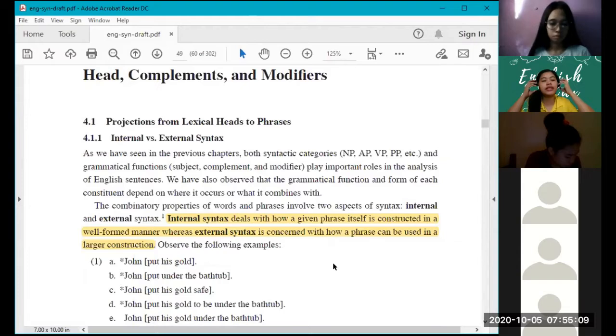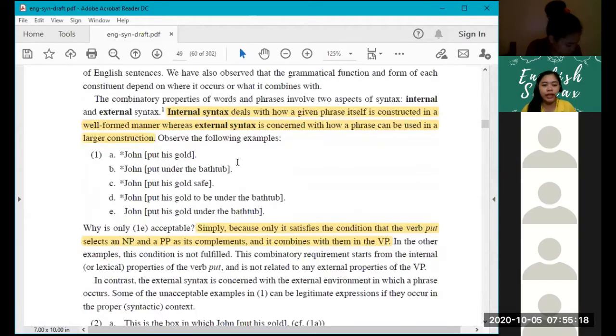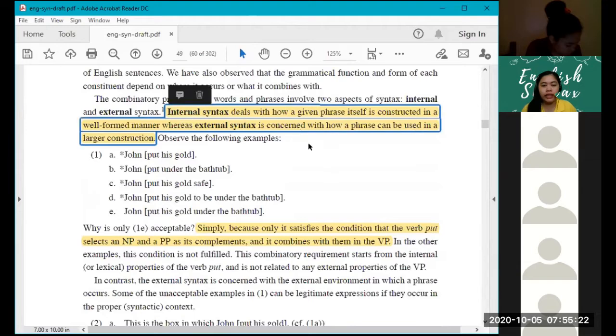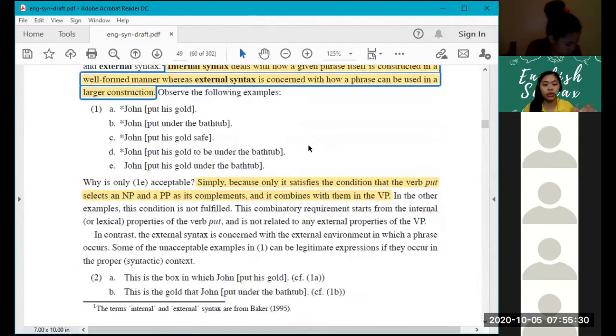In syntax, we have two types: the internal syntax and the external syntax. Internal syntax deals with how a given phrase itself is constructed in a well-formed manner, whereas external syntax is concerned with how a phrase can be used in a larger construction.